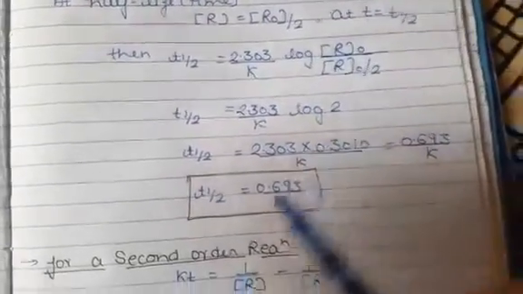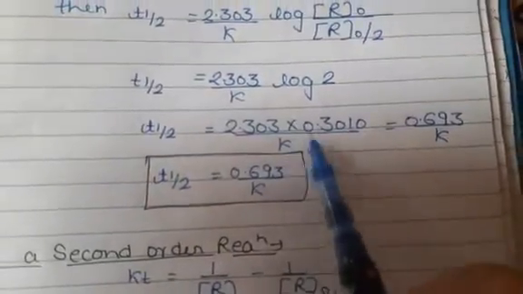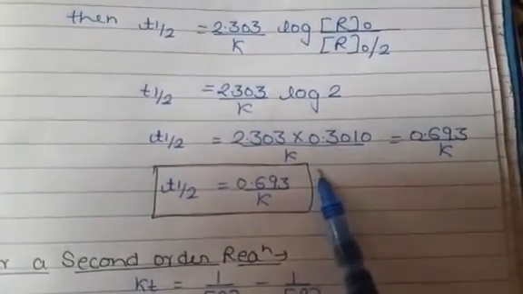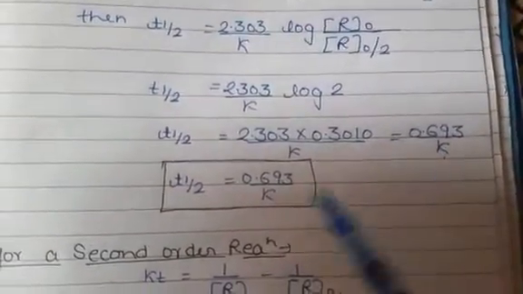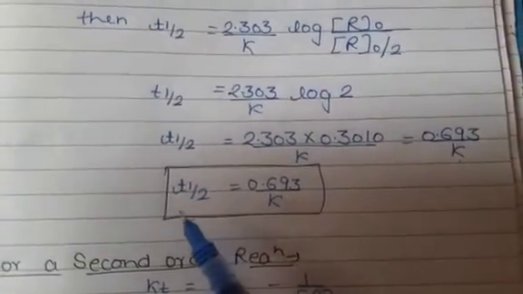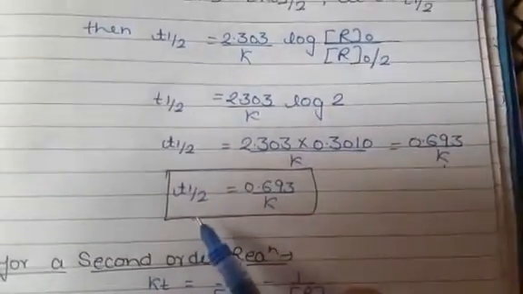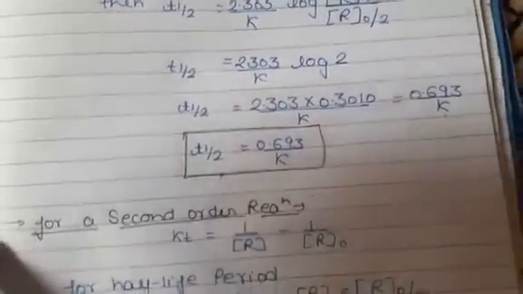Okay students, now put the value of log 2. So t half equals 2.303 into 0.3010 upon k, and it becomes 0.693 upon k. So this is the formula for the half-life period of a first order reaction: t half equals 0.693 upon k.